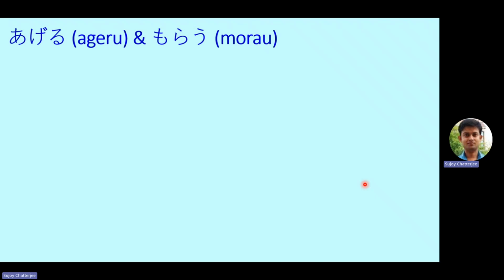Friends, before we start our discussion on these two verbs, I would like to tell you that this series is a sequential series, which means the previous lessons are the prerequisites for the chapter we are doing today. You have to study the lessons in a sequential manner, because the series is purely based on how one should learn Japanese.